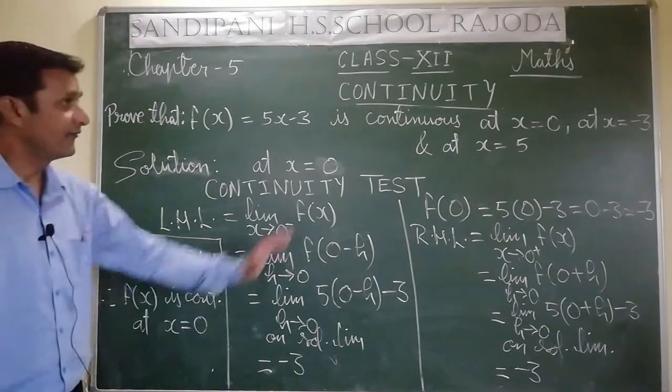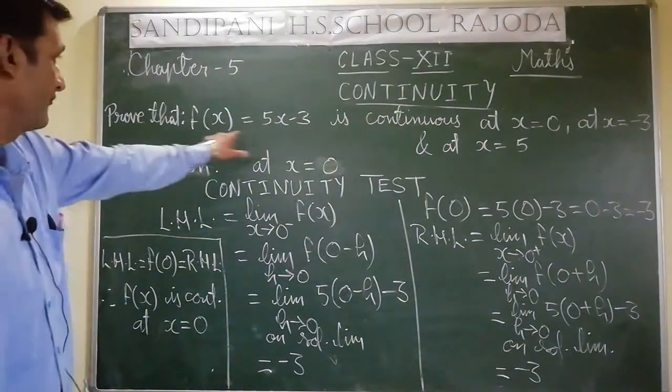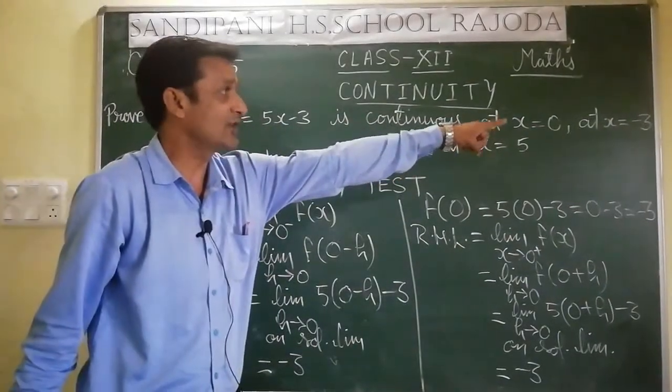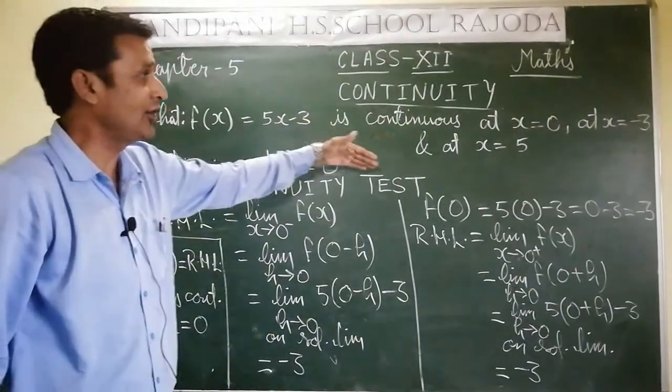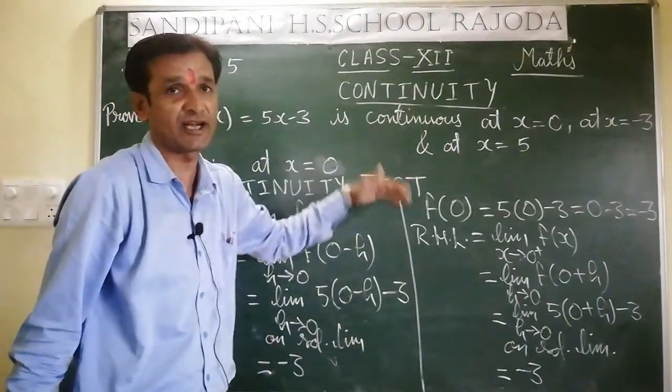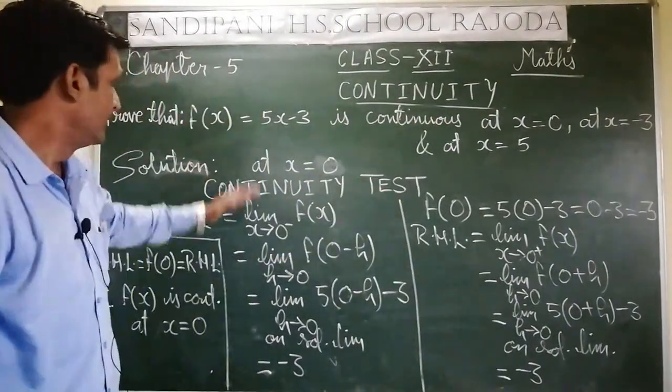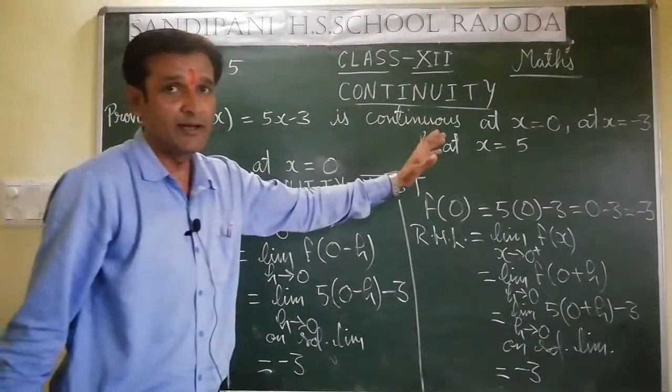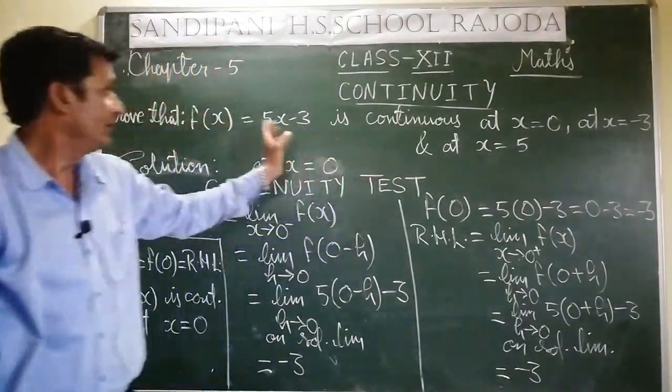In this way we have to solve this particular function. At x is equal to minus 3 also we have to check the continuity, and at x is equal to 5 also we have to check the continuity. So this first part is over.